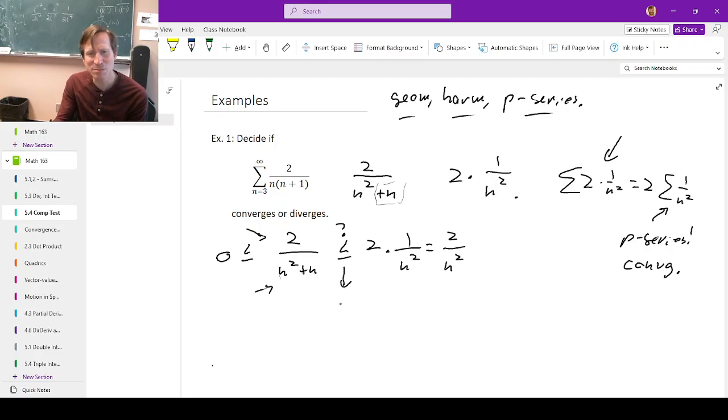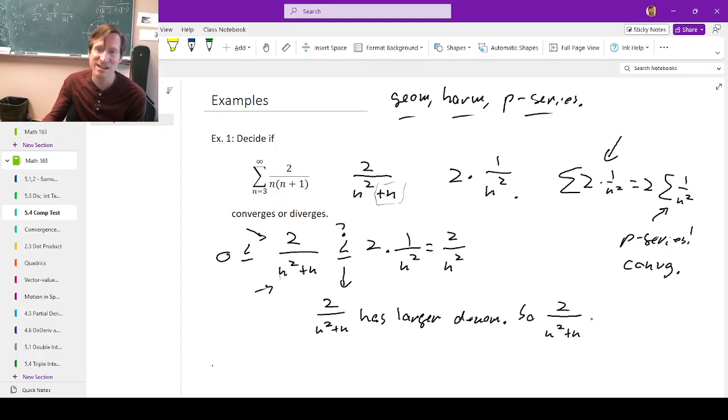Well, the reason is because 2 over n squared plus n has a larger denominator, right? So when the denominator of a fraction is larger, the fraction itself is smaller, and so 2 over n squared plus n is less than 2 over n squared.